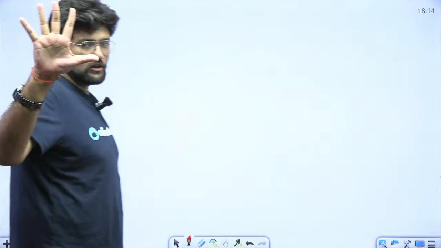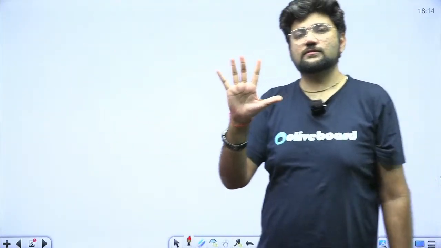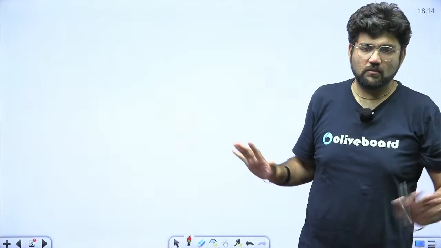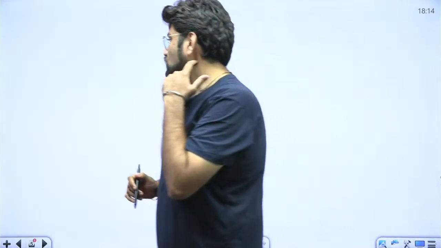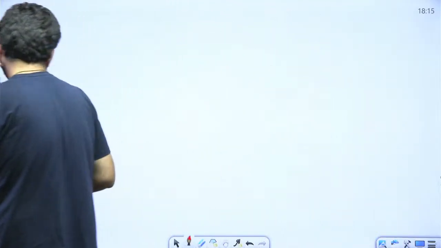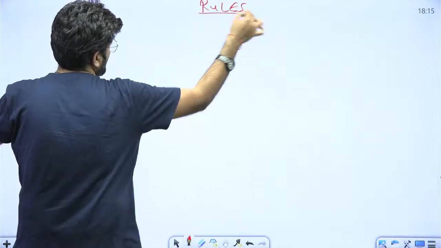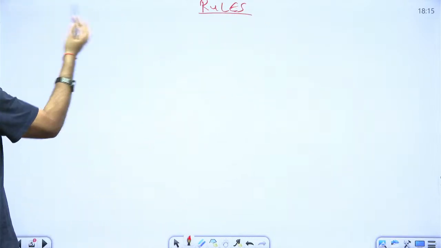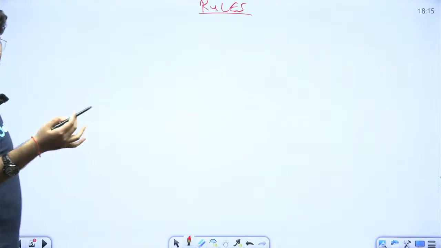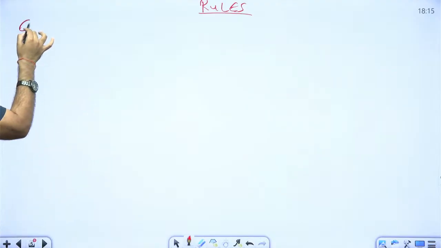Now, exactly 5 rules from now, you will understand inequality completely. Just 5 rules. That's all inequality is all about. So, rule number 1. What is inequality? Firstly, how will it be asked?